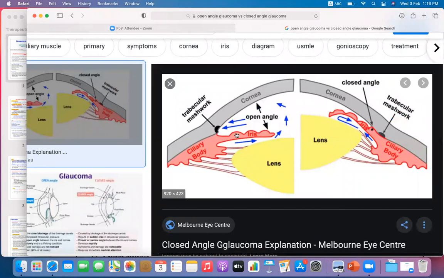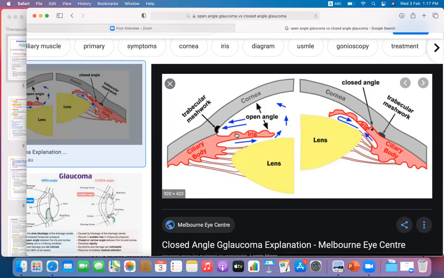So here our treatment aim, what happened in the glaucoma? There is an obstruction in the aqueous outflow. So our pharmacologic treatment strategy should include decreasing the aqueous formation and increasing the aqueous outflow. This is our target.